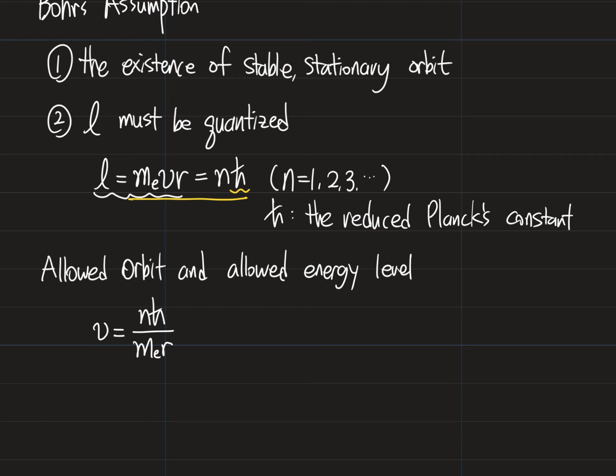So e squared over 4 pi epsilon 0 r squared should be equal to m_e v squared over r.